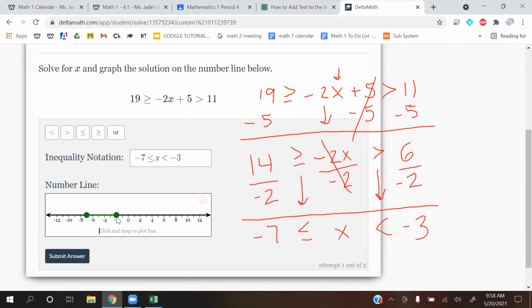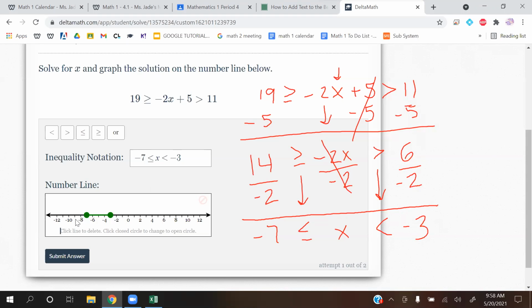Here's negative 7. Here's negative 3. So that means you're going to go between the negative 7 and the negative 3. I've shaded everything in between because x is literally in between the negative 7 and the negative 3. When you write it out, x is literally in between. So therefore, I'm going to shade in all the in-betweens.